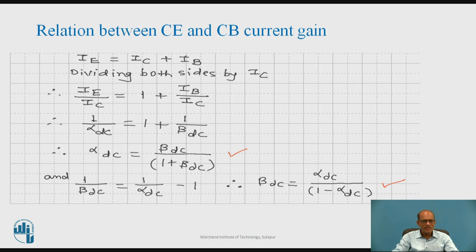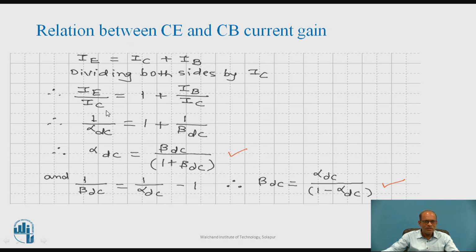Now we make the derivation for the relation between the current gain of common emitter and common base configuration. We begin with the basic equation IE equal to IC plus IB. Dividing both sides by IC, we get IE by IC equal to 1 plus IB by IC.